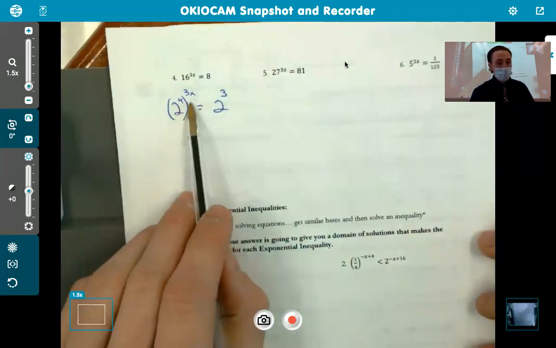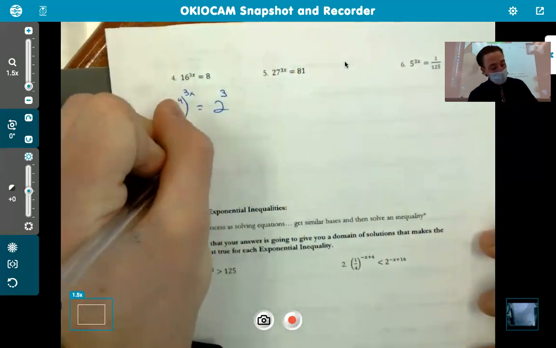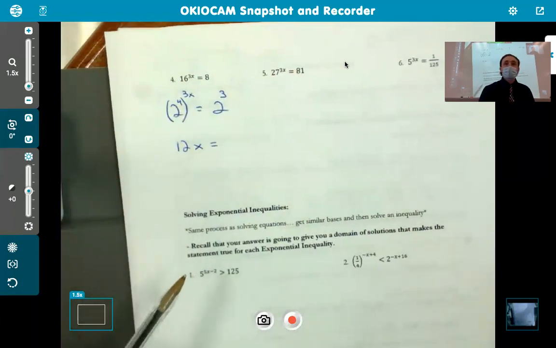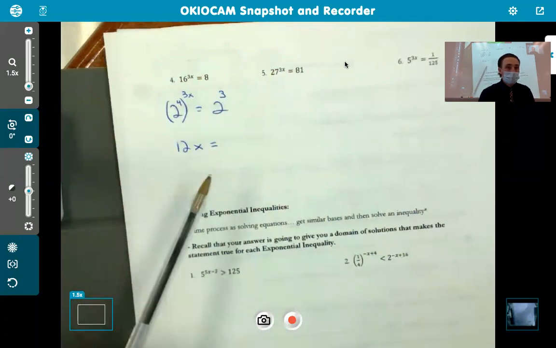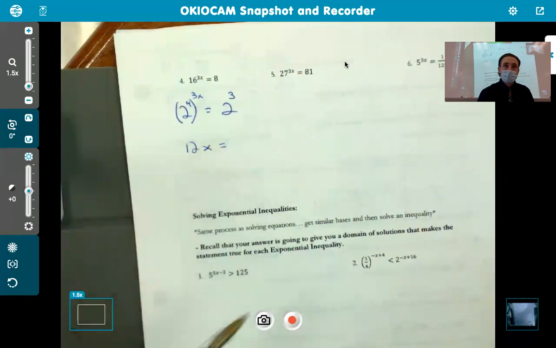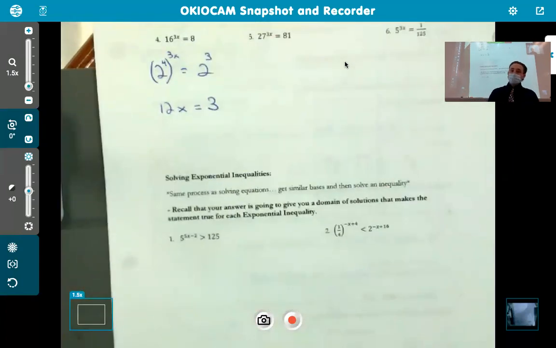So when I multiply these two things together, I get what? 12x. On the right-hand side, because I have the same base, what can I bring down? So if I'm dropping these bases here, 12x is equal to 3. Good. If I have the same base, I just set the exponents equal to each other.